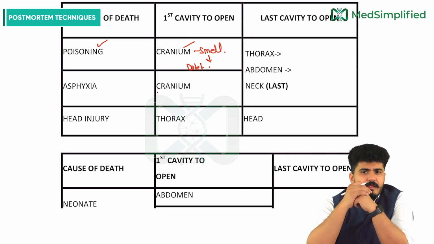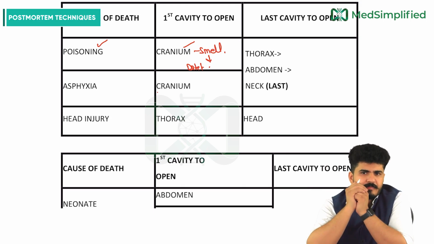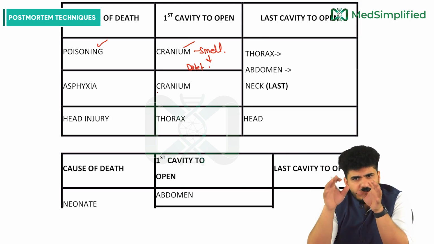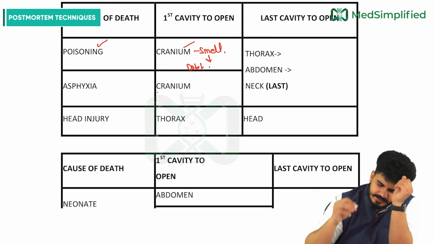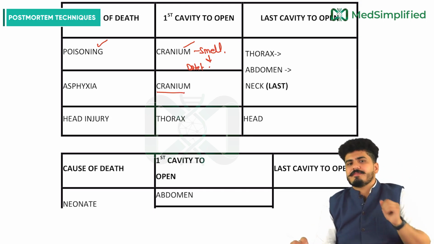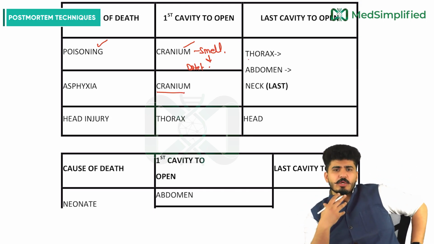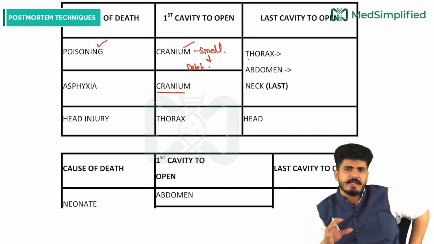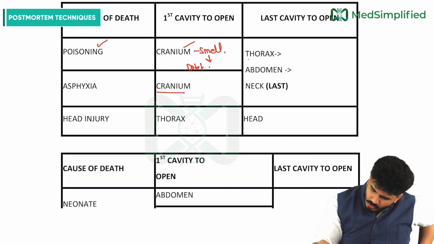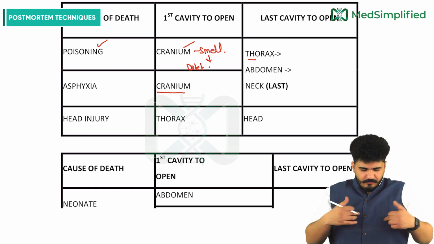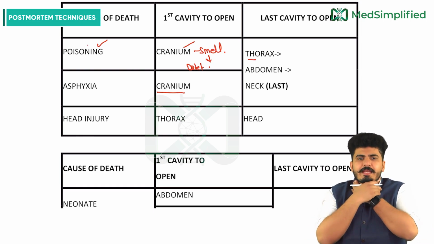Last, thorax, abdomen and neck in the last. Asphyxial death also, we open the cranium first, my dear friends. If the person died because of asphyxia, we first open the cranium and then the thorax, followed by abdomen and followed by neck in the last.